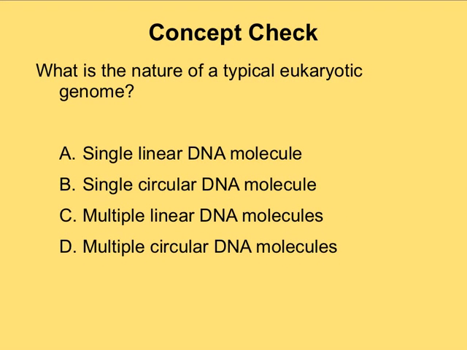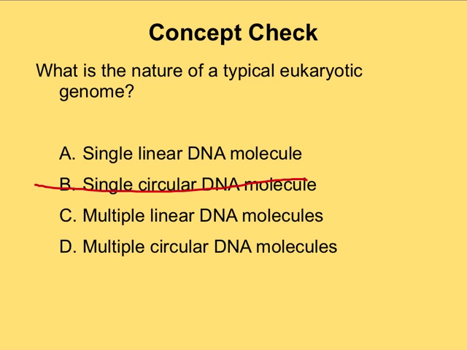While we're here, let's take a quick concept check. What is the nature of a typical eukaryotic genome? Is it a single linear DNA molecule? A single circular DNA molecule? Multiple linear or multiple circular DNA molecules? Well, you'll recall that prokaryotes had a single circular one, so we can cross that off our list.